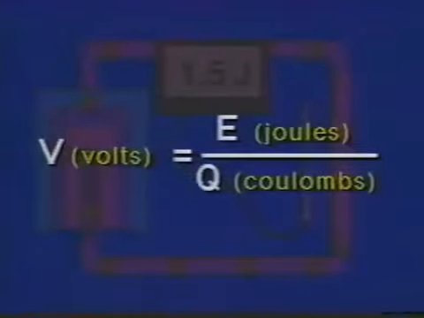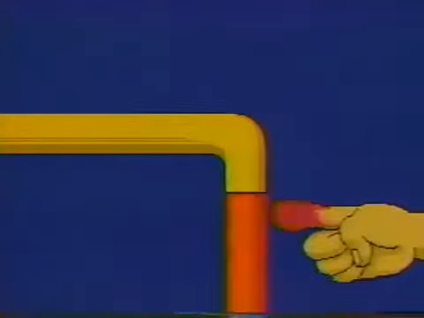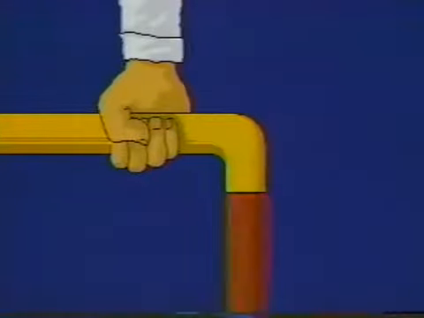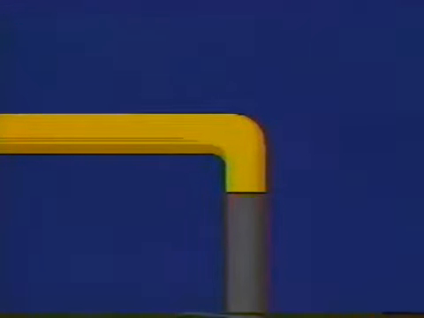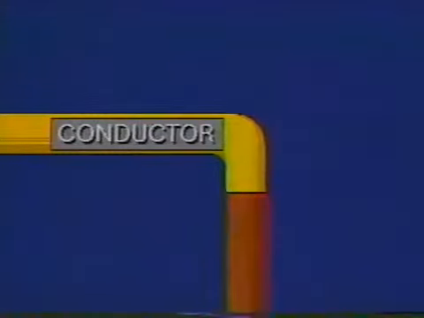To complete our understanding of a simple circuit, we need to consider one more factor. Have you ever wondered why the metal making up the heating element gets hot, while the connecting wires stay cool? The secret lies in the fact that the connecting wires are much better conductors than the heating element.